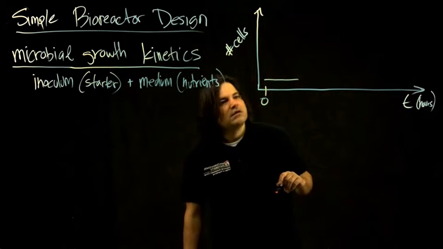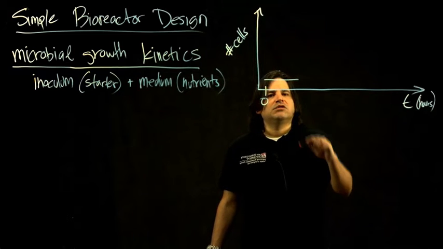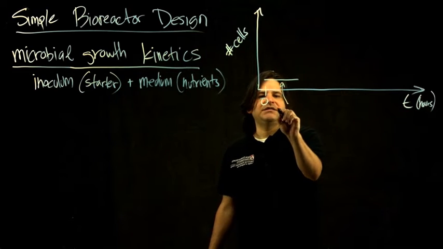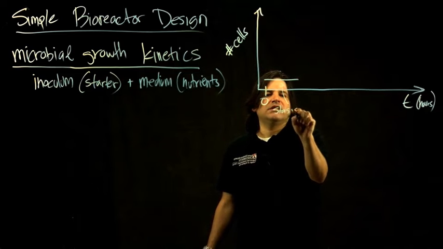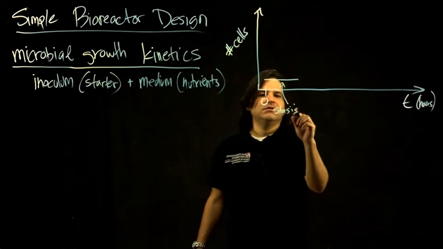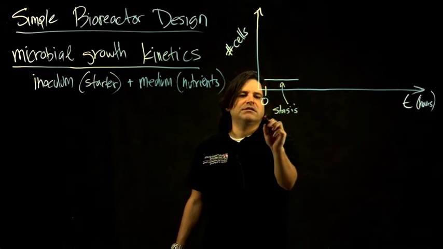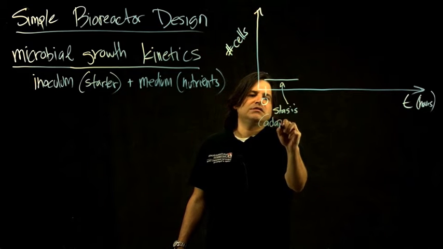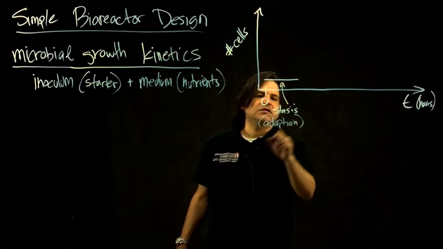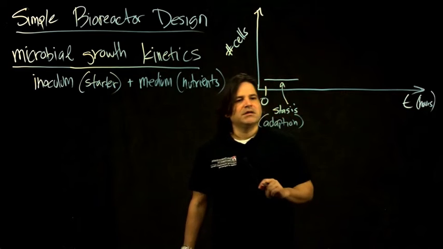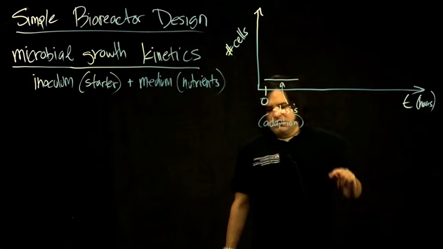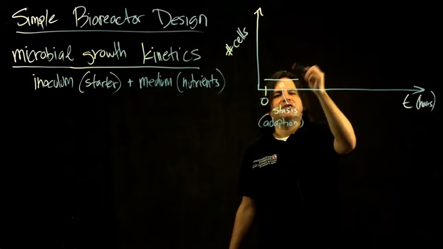And then, I guess this period is called stasis. That's when these cells adapt. They get their bearings. They first adjust themselves a little bit, this first population. Then these cells exponentially grow.